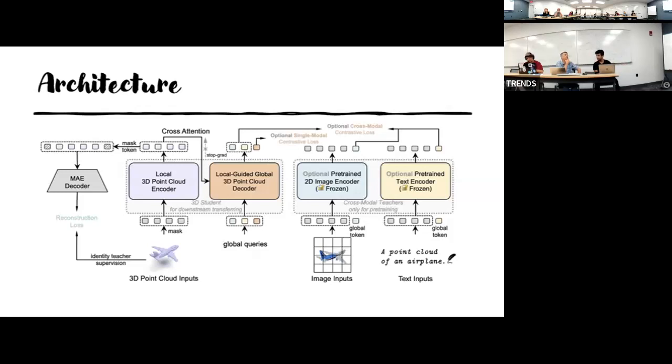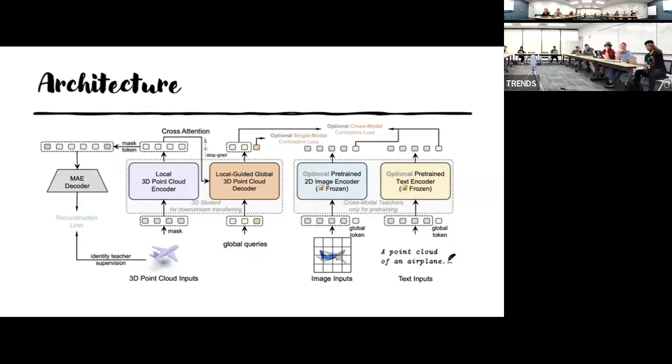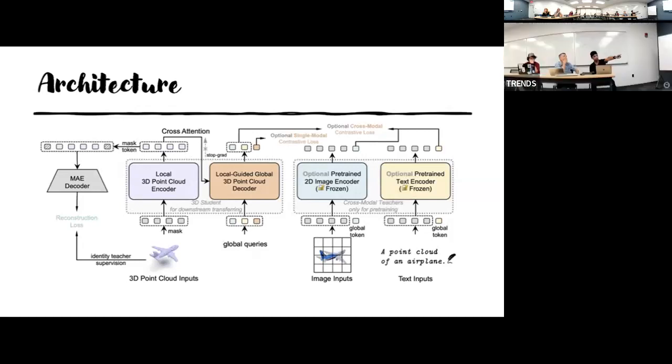But then how are they connected, if you're not, how do you backpropagate to this decoder? They leave the locally guided 3D point decoder as it is. Whenever you're doing the backpropagation, you don't want your gradients to flow from the contrastive model towards the generative model.